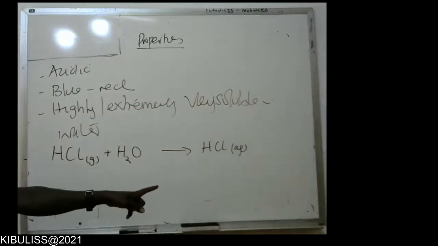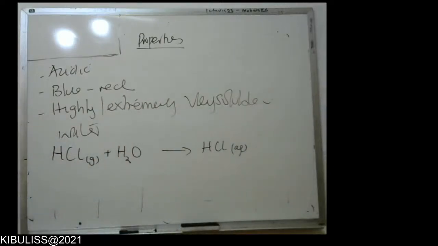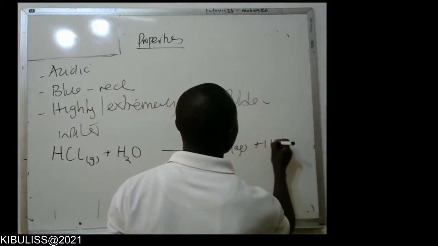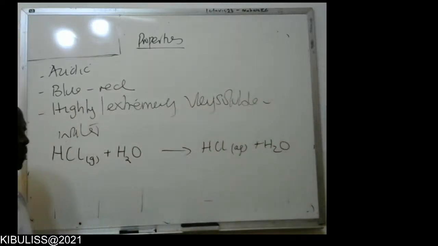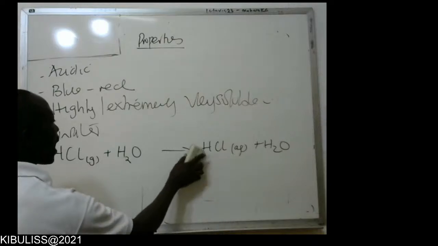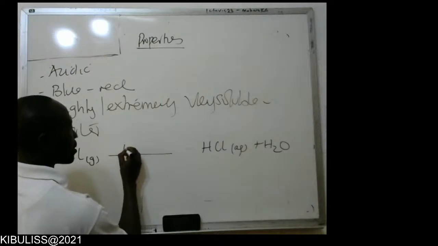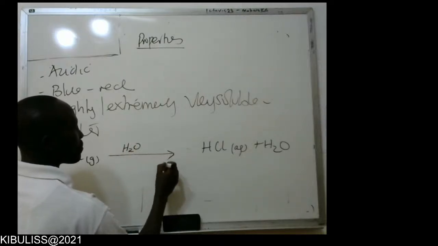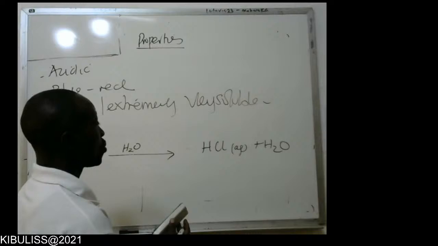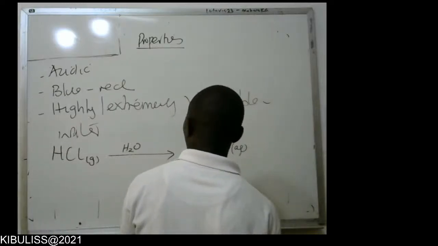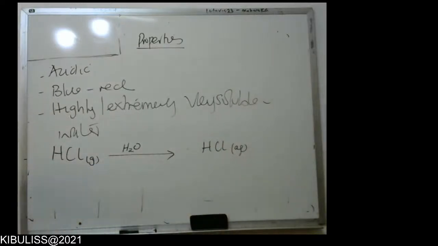The equation becomes incomplete and unbalanced. Neither can I write plus water this way. So what is expected? If I want to write this equation, I will say hydrogen chloride gas, and I'll put water on the arrow. It now changes to hydrochloric acid, that is aqueous.